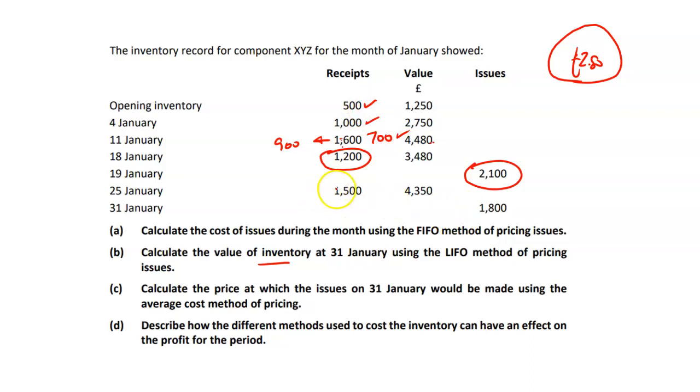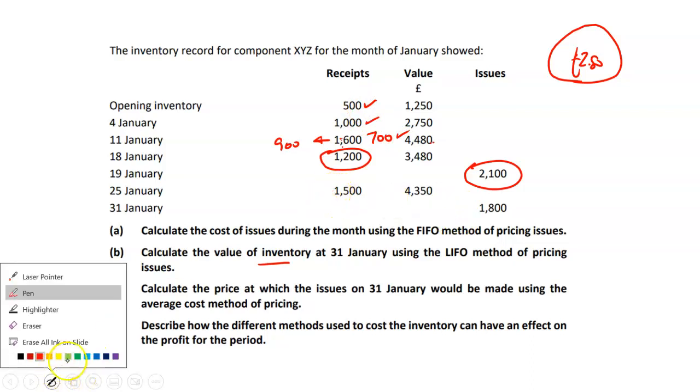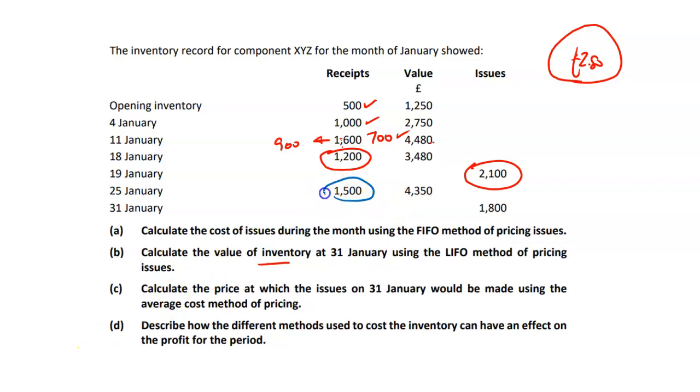Okay, then you buy in another 1,500, and then you take out 1,800. So you must have taken out these 1,500. So this is gone, but you need another 300. So you're still going to come back here from this 700. So from the 700, you're going to take 300, leaving 400.